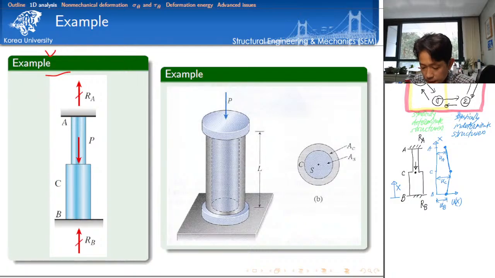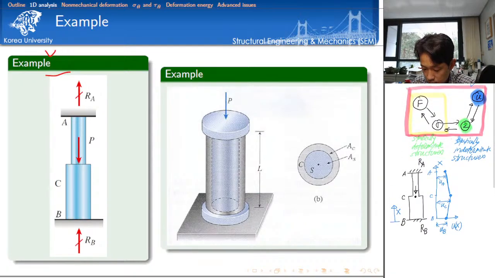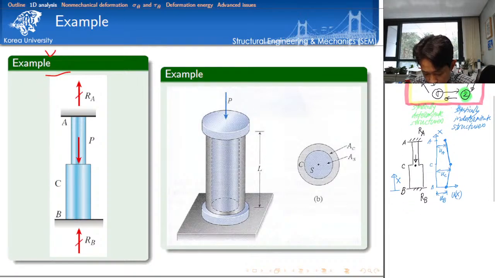So once I have this displacement field, can you measure the strain field? Yes, we can. So how do you measure the strain field? Let's calculate the strain value. My strain in the BC segment can be calculated as what?